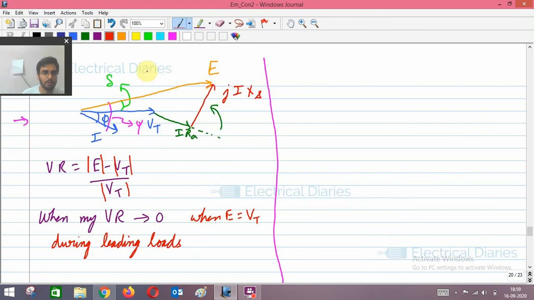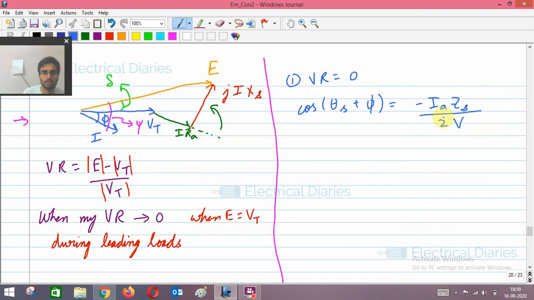Now I will give you directly the formula for when this occurs. You can learn this formula: during lead, your voltage regulation will be 0 when cos of (theta s plus phi) is equal to minus Ia Zs by 2V.